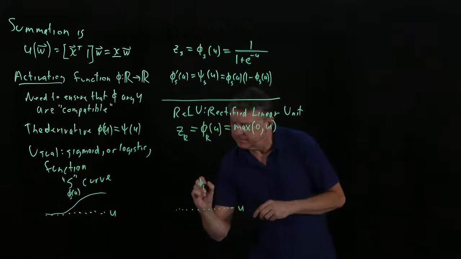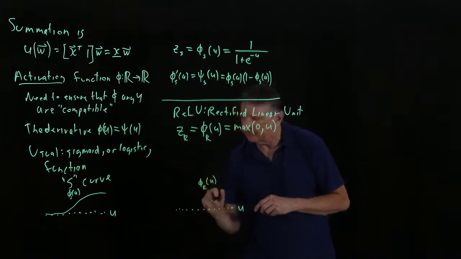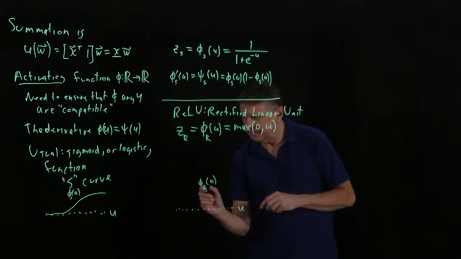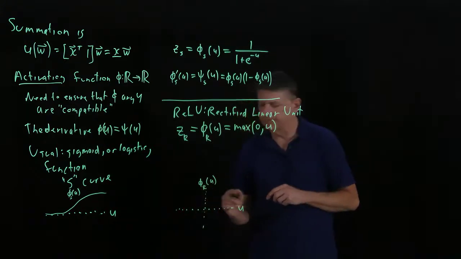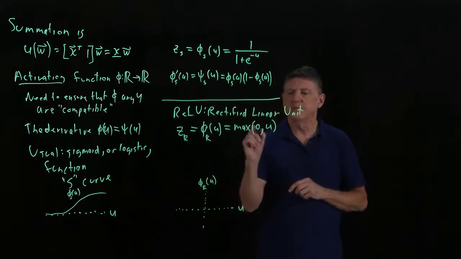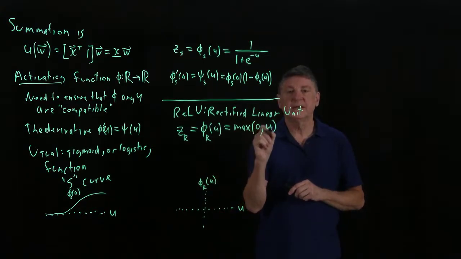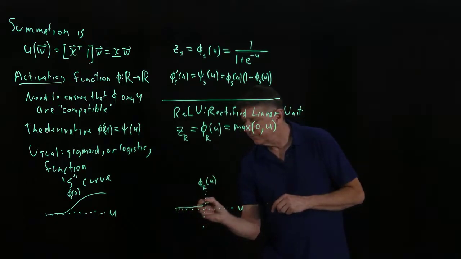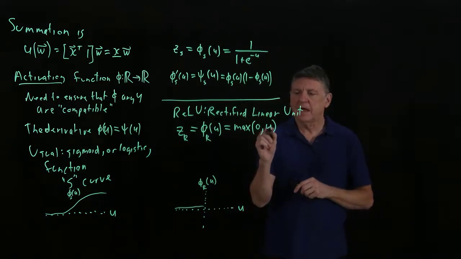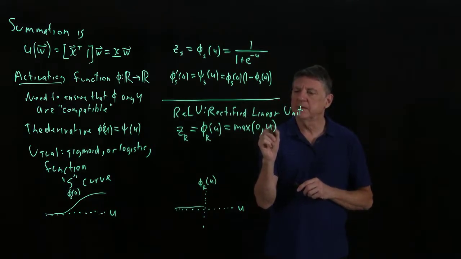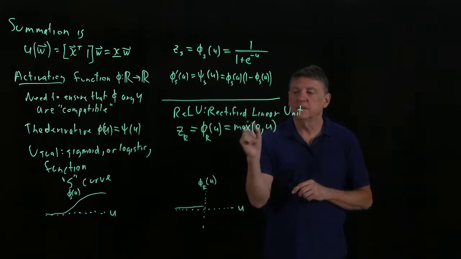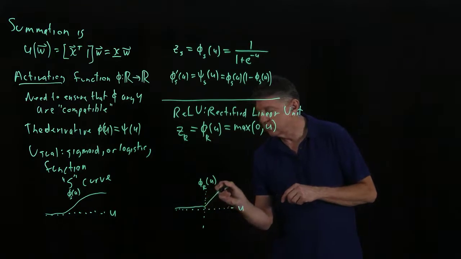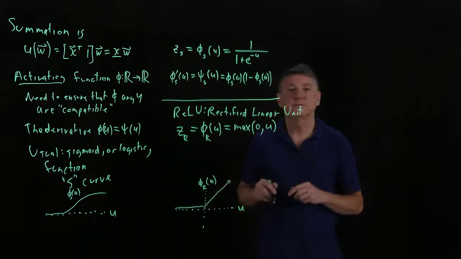Here we have phi R that has this argument, and what this looks like is that if u is less than 0, then the maximum of 0 and a negative number is 0, and so this will have a 0 value. And if u is strictly greater than 0, that is, if u is positive, the max function will simply return u, and so this will go on upwards to infinity.